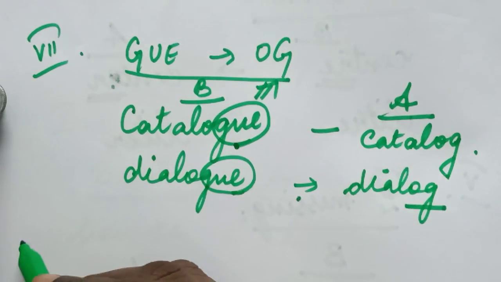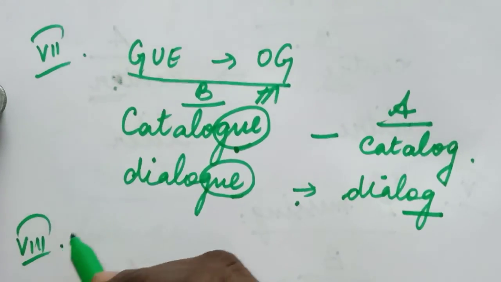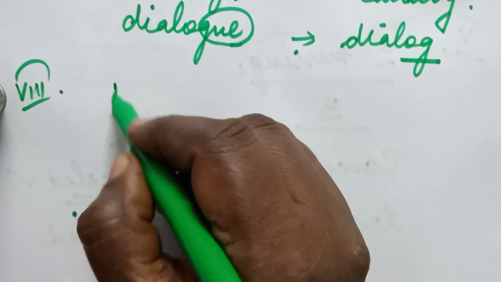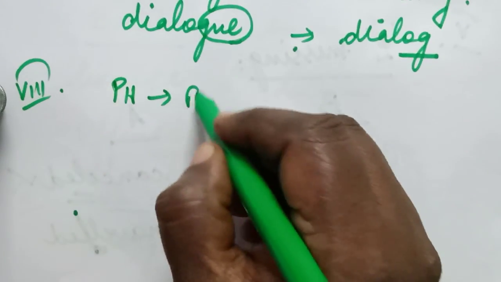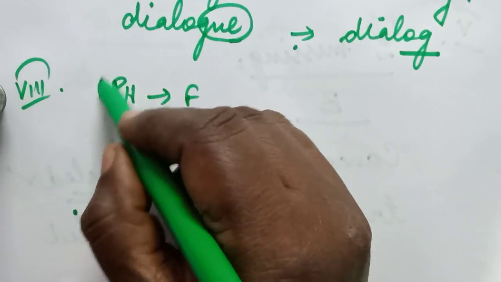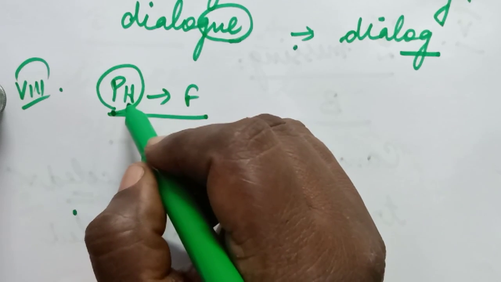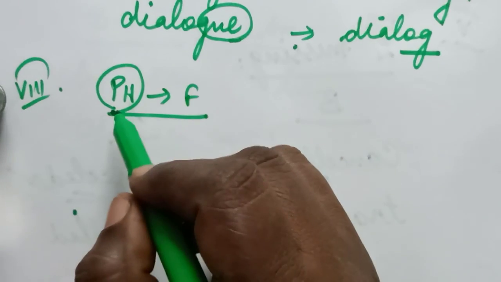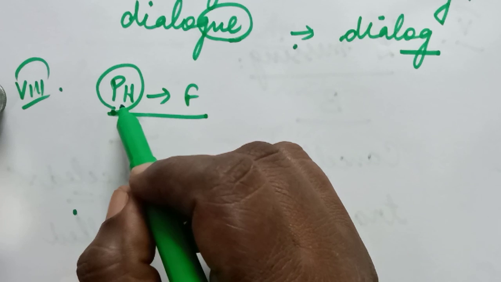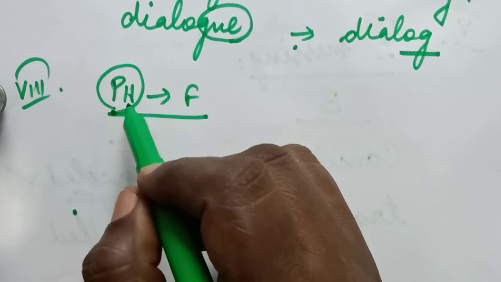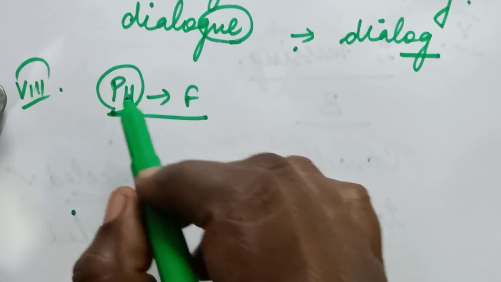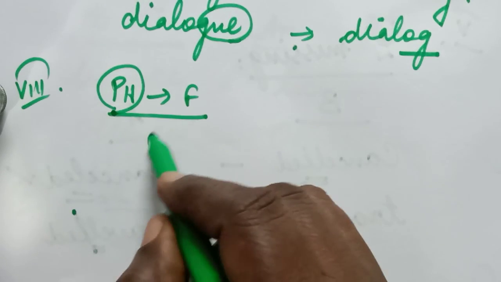The next rule is PH to F. Normally we pronounce this PH as F only, isn't it? But when writing we use the letters P and H to represent some words, and the same can be replaced by F in American English.